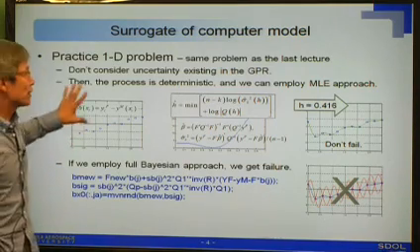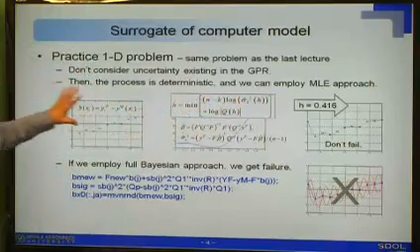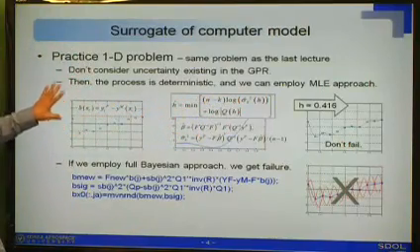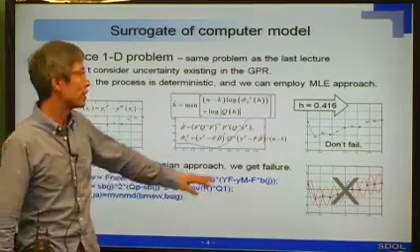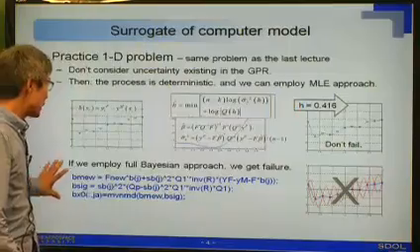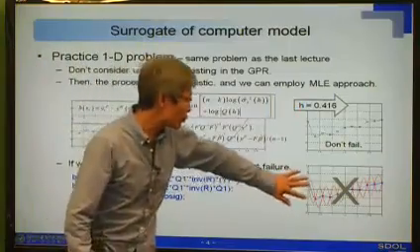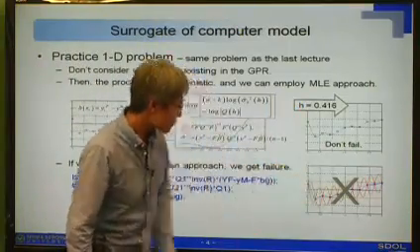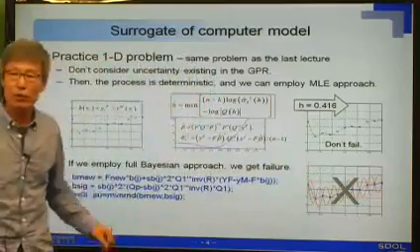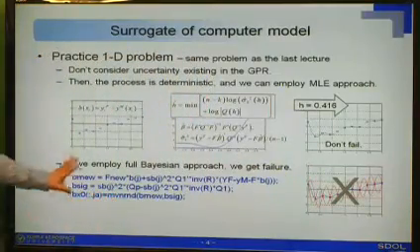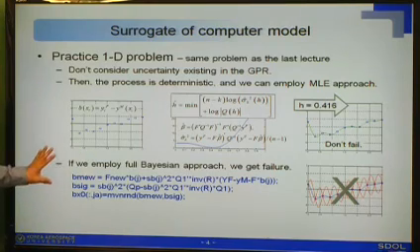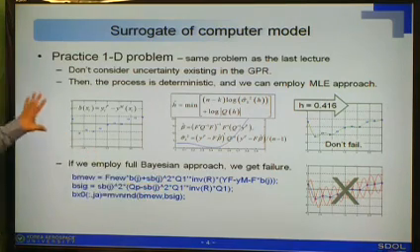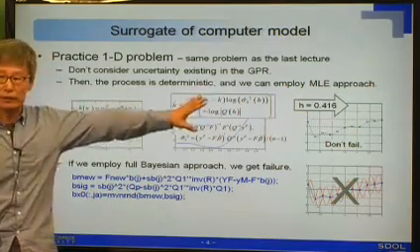So this is the deterministic result. In the same way, if we go through the full Bayesian approach, we will get failure. If we use this value, and if we would like to make large samples of the Gaussian process, we will get failure. So we have to be careful when we use the full Bayesian approach. But for now, we will forget this one. So you just remember only this thing.